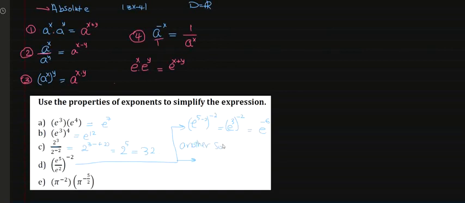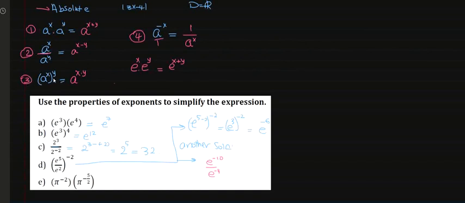One might say another solution. One might say that, no, I want to distribute the power outside to the power inside, and then do the division effect. So I will take e to the power of 5 raised to the power of negative 2, and the power inside and outside is multiplied, over e to the power of 2 all to the power of negative 2, which will be negative 4, the power inside times the power outside.